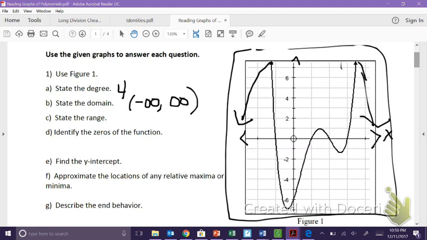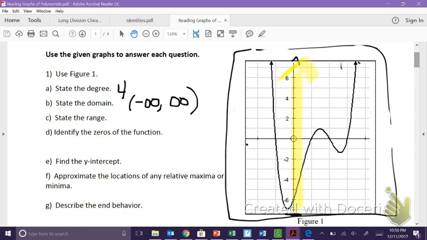Now, your range. Your range, we have to look at the graph. You read from the bottom. I'm going to erase those so we can see this. From the bottom to the top. So, we need to find our smallest y value.